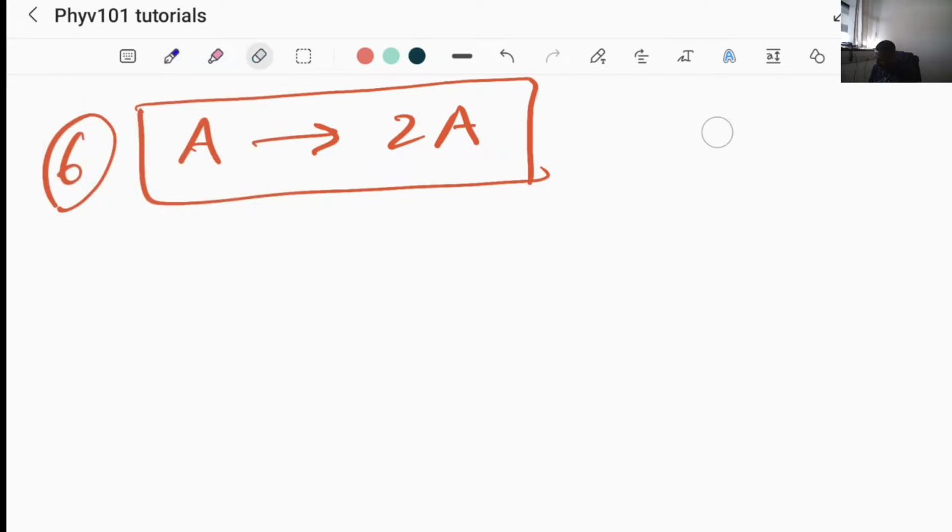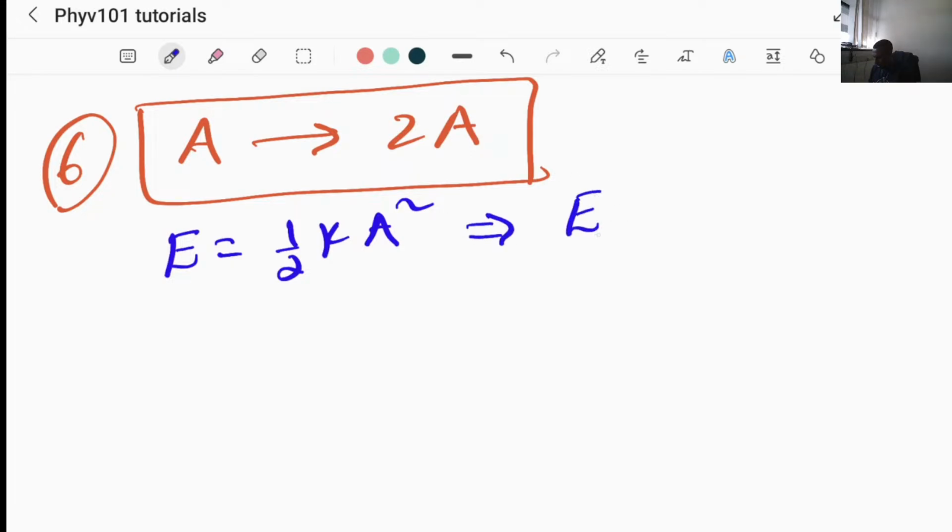Therefore, if you remember, the energy of a simple harmonic motion, E, is half kx squared. Remember, it's like a spring, it is half k A squared, where A is the amplitude. And then if A is doubled, this implies that E new must be equal to half of k times the amplitude, doubled to 2A, squared.